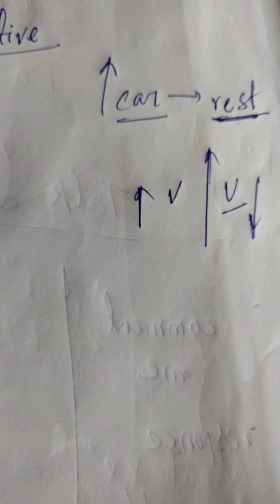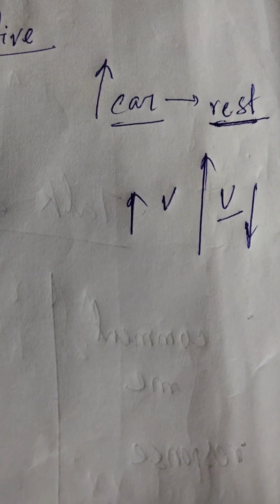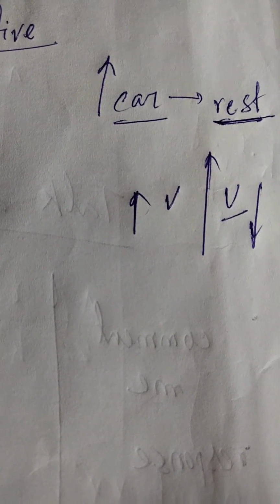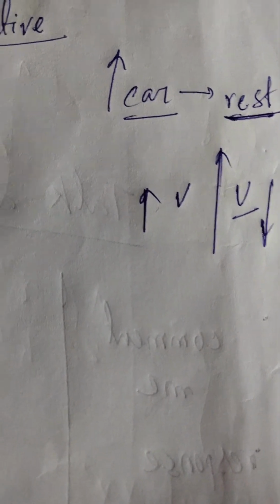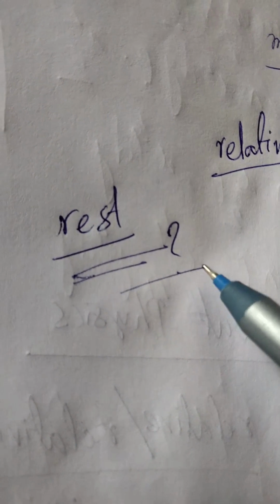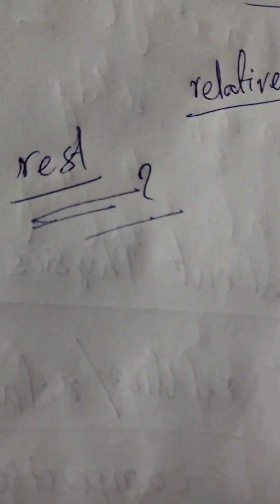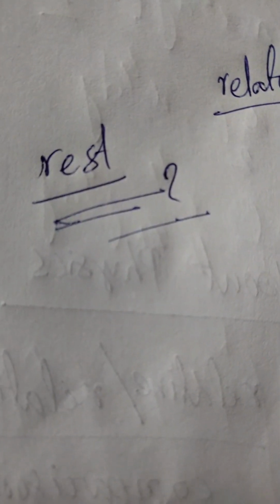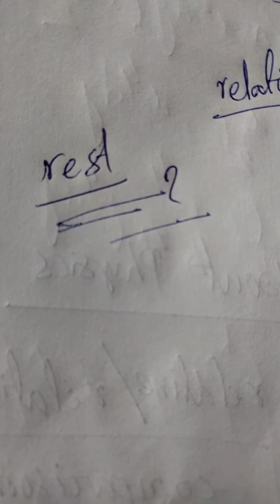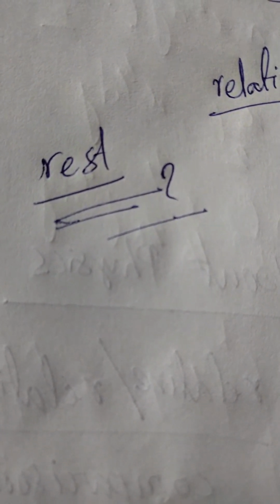So now the biggest question will come: yes, we understand that we can say anything's motion is subject to another object, then what is rest with what? And if there's nothing called rest or motion, then what is that standard thing with respect to which all these things are happening?